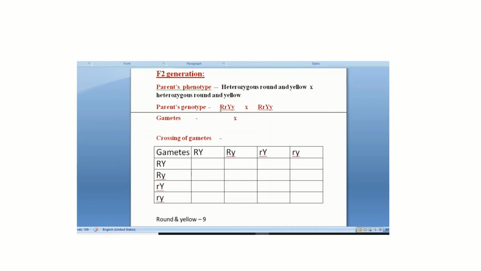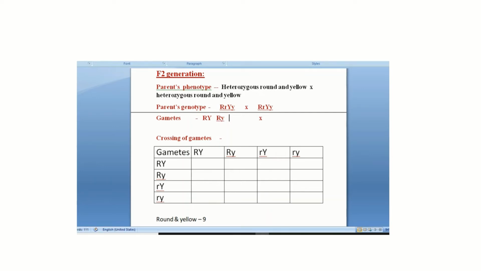So we can have round and yellow seeds, round and green seeds, wrinkled and yellow seeds, and wrinkled and green. I will put it in the form of gametes. Capital R, capital Y, round can go with yellow; capital R, small y, round can go with green when it is forming the gamete there.